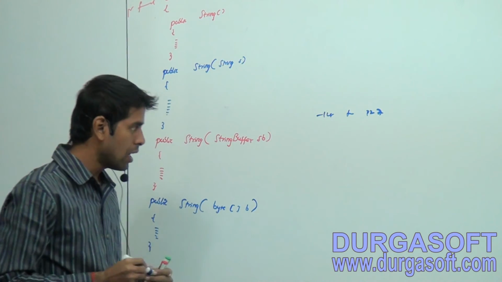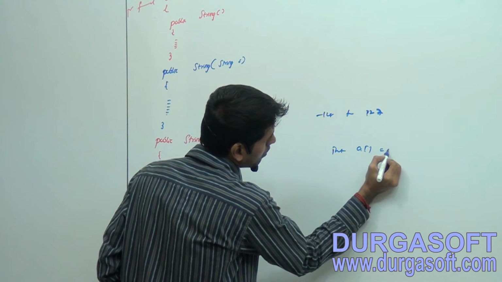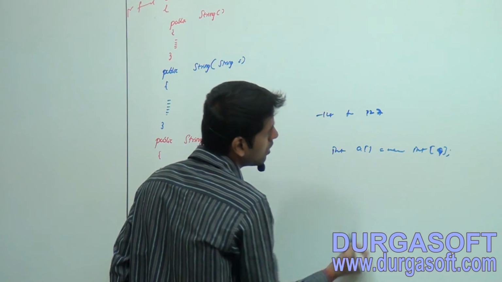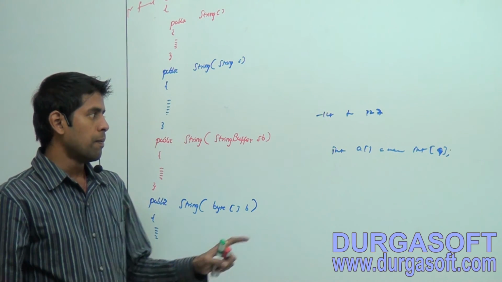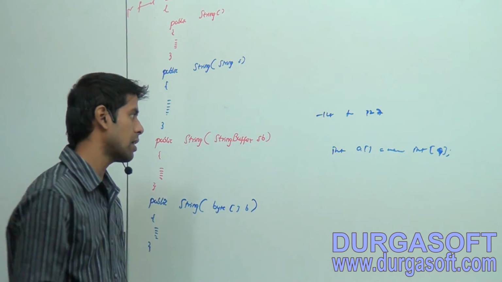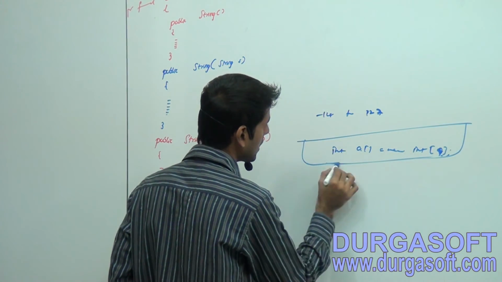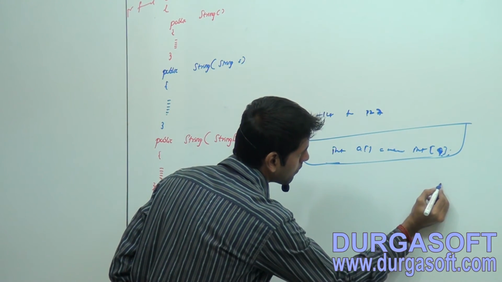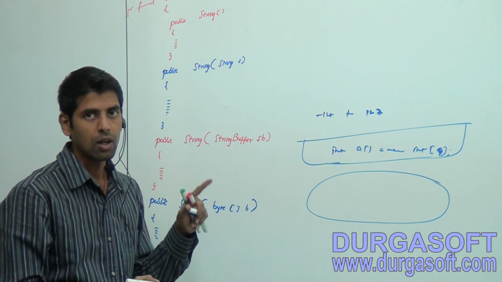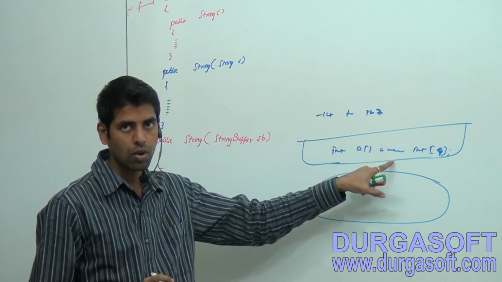Getting? Now observe here, int array a equals new int array of 9. Getting? Array of 9. Within this array a, because of this statement, what happens? There will be one object. There will be one memory allocation because of this new keyword once again.